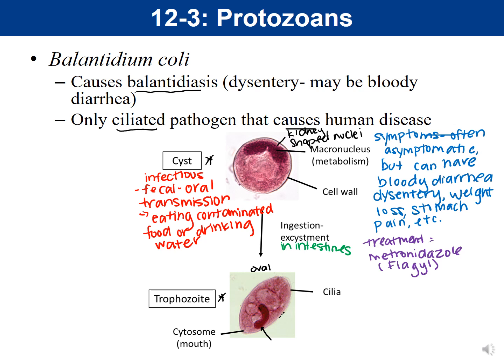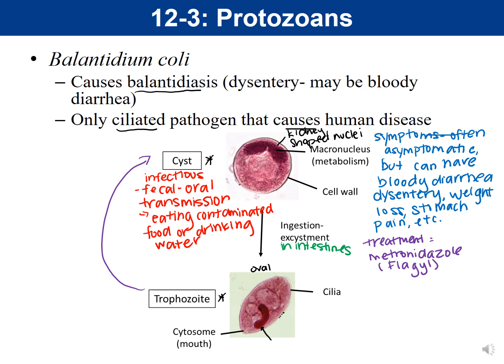And so in terms of diagnosis, so just like Entamoeba, the trophozoite is in the intestine, and the trophozoite will go back to being a cyst. And again, that cyst is going to be shed in the feces.